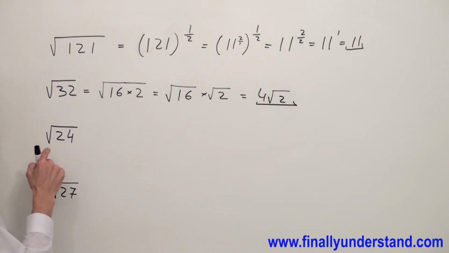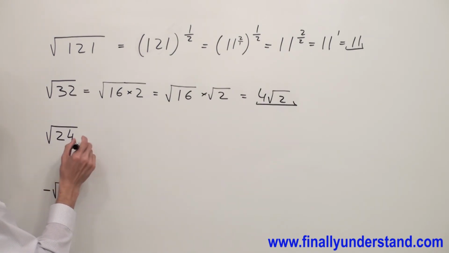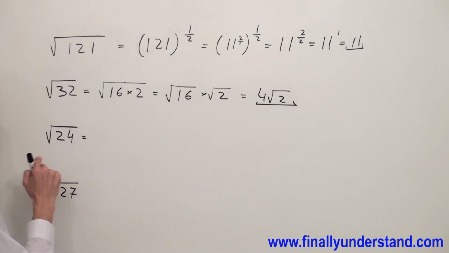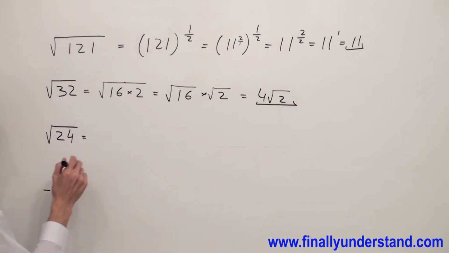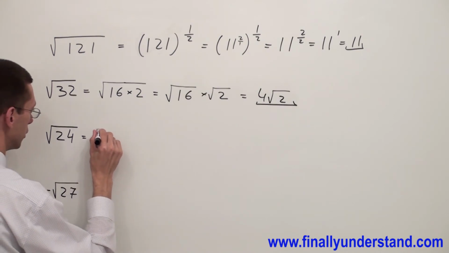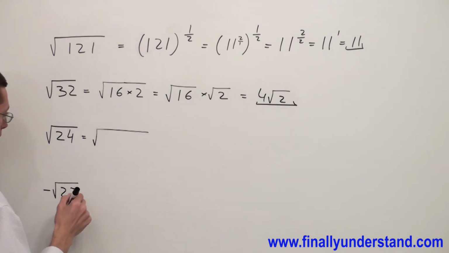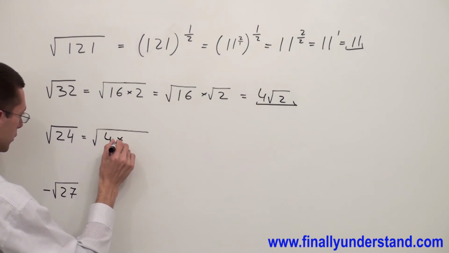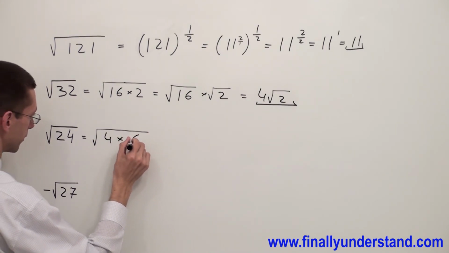Let's take a look at this example. I have to ask myself, what number raised to the second power is going to give me 24? I do not have a whole number which is going to be raised to the second power to give me 24. That's why I'm going to use 4 times 6.